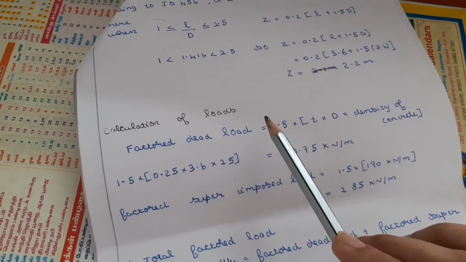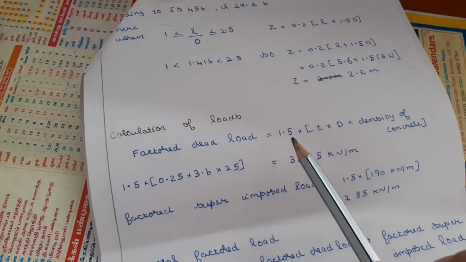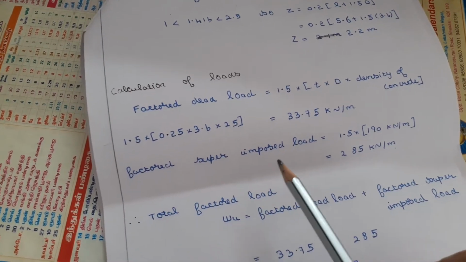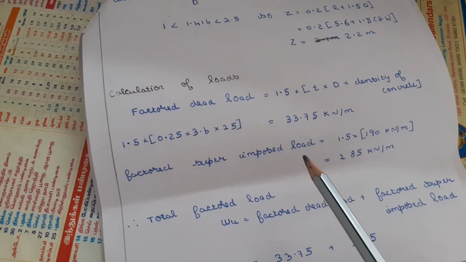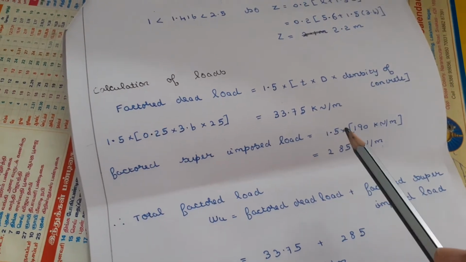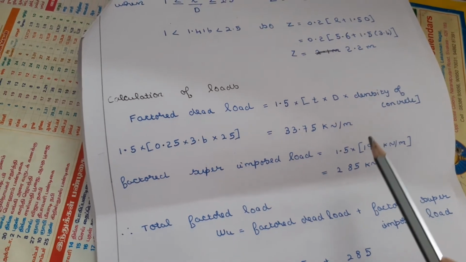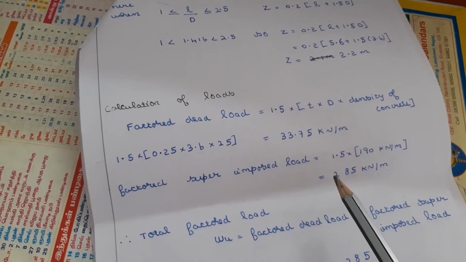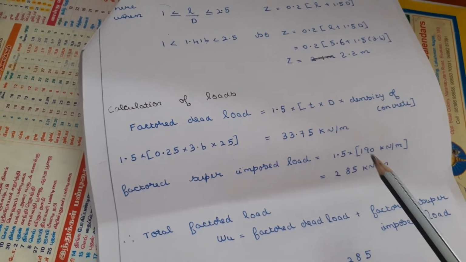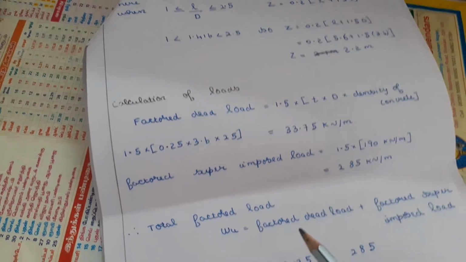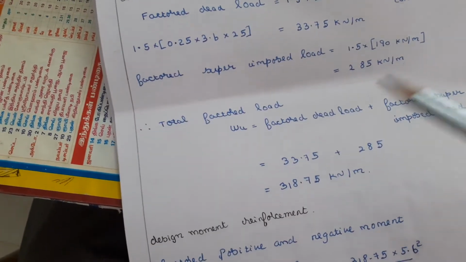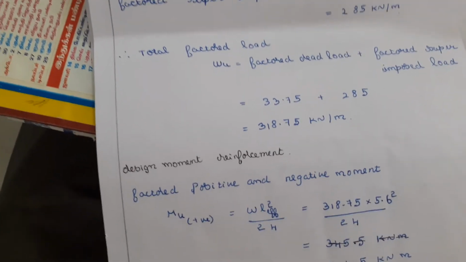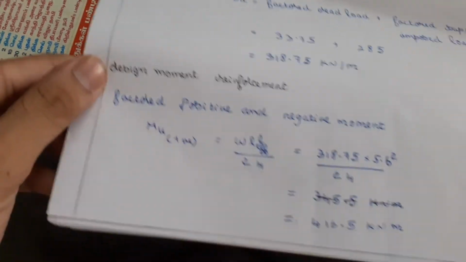Factored superimposed load: they have given the superimposed load in our question, and when we multiply it by 1.5, we get 285 kilonewton per meter. When we sum these two, we get the total factored load, that is 318.75.